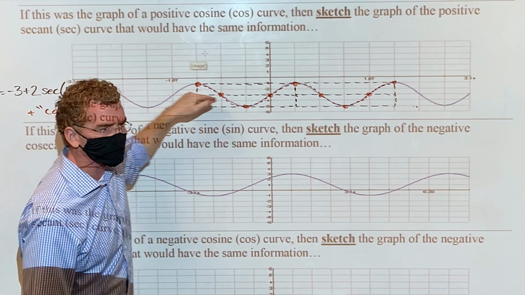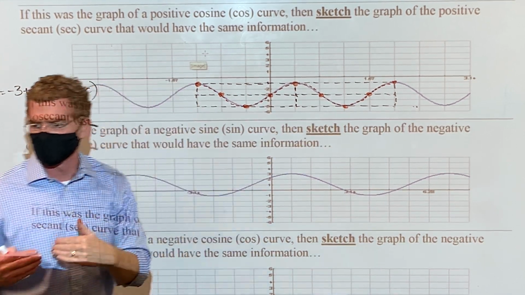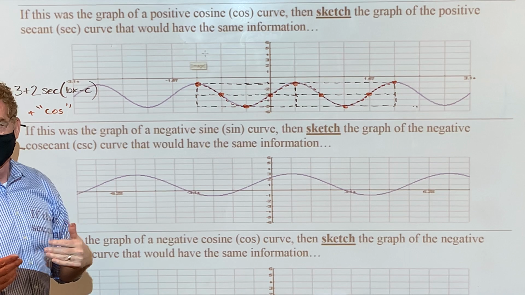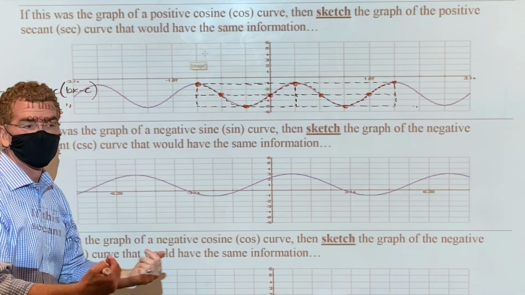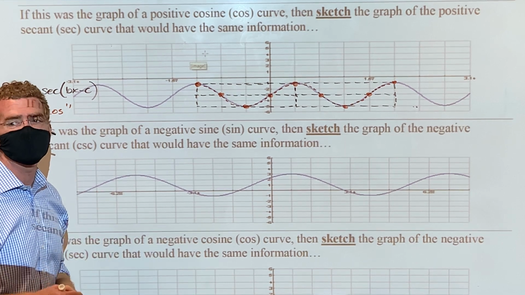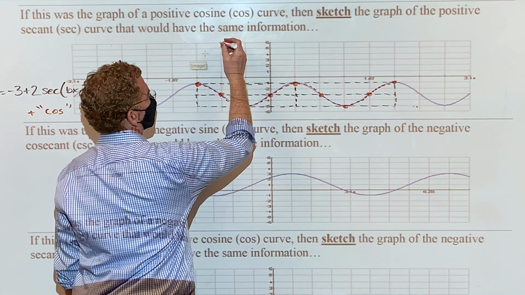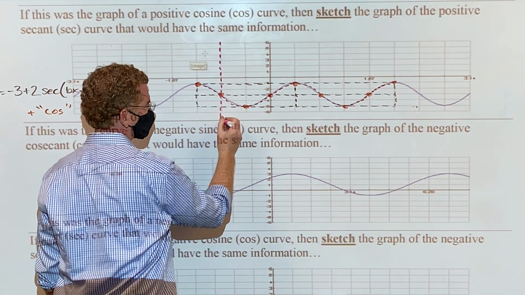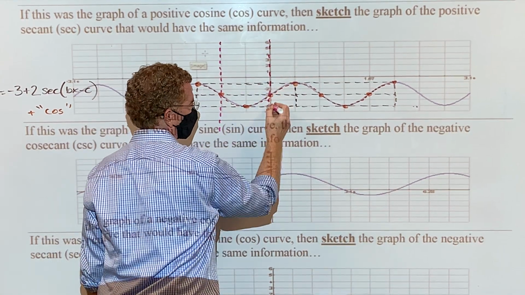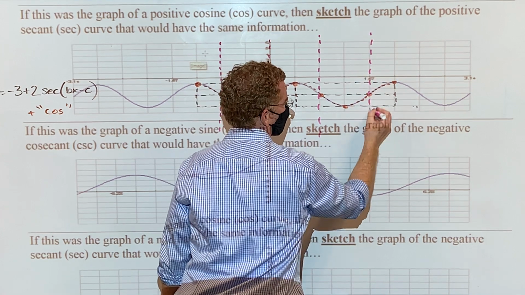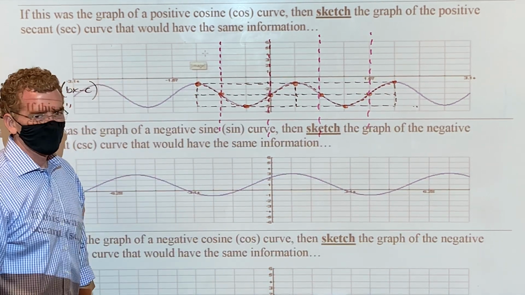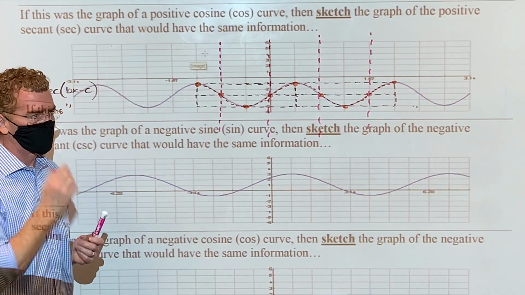So what do you think happens to those when you turn it into a secant? That's where the secant graph becomes undefined, yes. Undefined, so I'm going to put vertical asymptotes there, and there, and there, and there. And then what else do you think you're going to do?